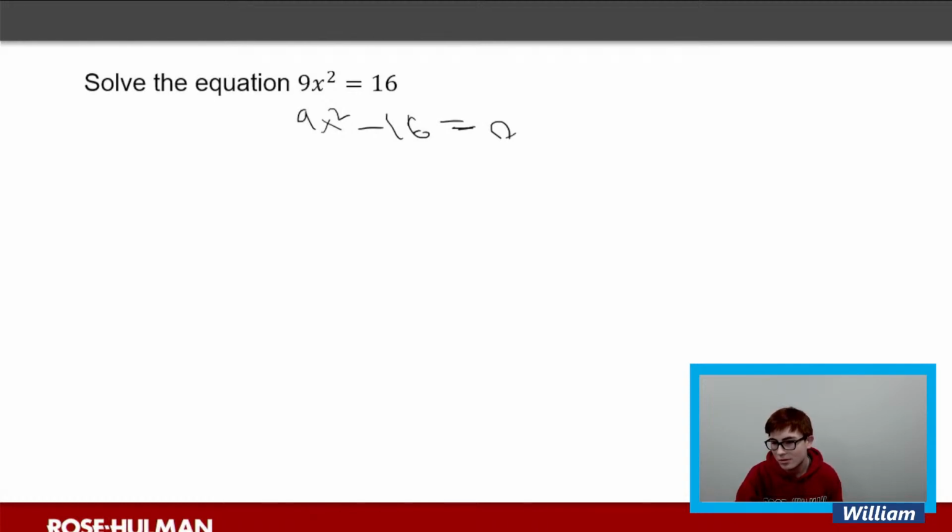So a equals 9, and there is no b term in this case because there's nothing attached to an x, but our c term is going to be negative 16. That should probably be enough to get you started. B is 0 if you need that as well.